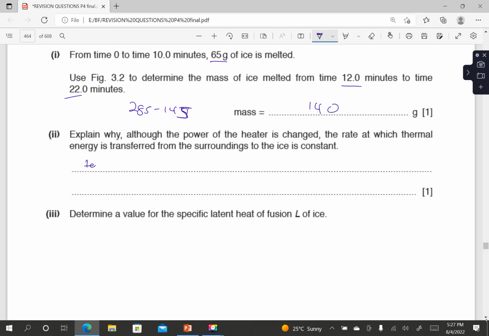So the temperature difference between the apparatus and the surrounding does not change.